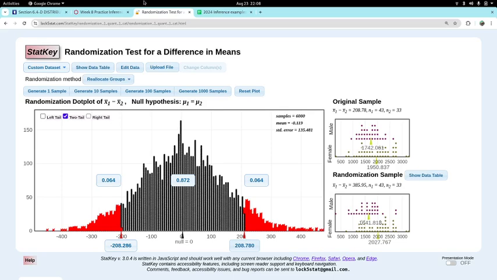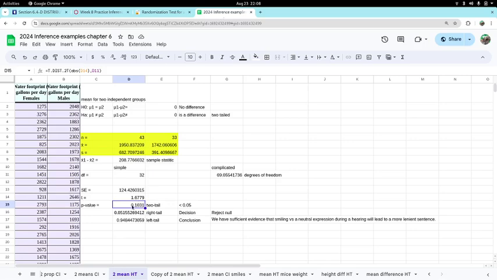A little higher than what the theoretical distribution said. Theoretically, it said it should be about 10%. The randomization distribution gave me about 12% for the p-value. Either way, it's greater than the standard significance level of 5%, meaning that this is close enough to 0 to not be a big deal.